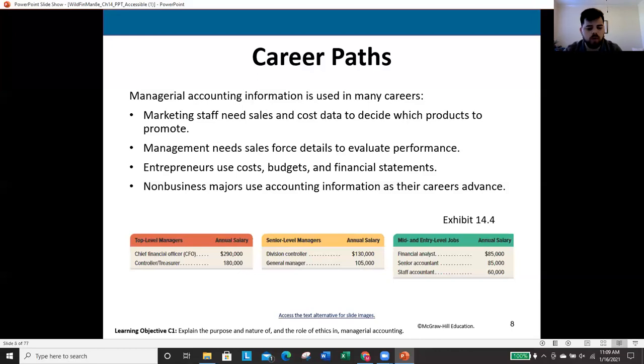Entrepreneurs, if you want to start your own business, you'll need to understand how costs and budgets work. You'll need to be able to build mock financial statements and actual financial statements to see if you hit your projections. All of this is incredibly important and actually gets used by those people. So this is the more widely used course, and for that reason, I think it is the more helpful course for those of you who are not pursuing a direct accounting degree.